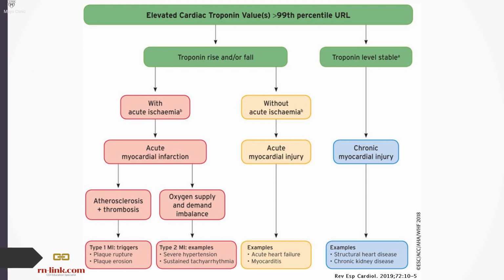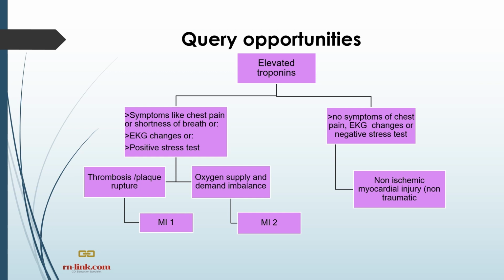Query opportunities. If there are elevated troponins, usually 3 levels in 24 hours, and there are symptoms of chest pain, shortness of breath, chest pressure, or there are EKG changes, or a positive stress test with evidence of plaque or thrombosis rupture, then we can query MI type 1 if not documented. However, if it is only oxygen supply and demand imbalance, then we can query for MI type 2.